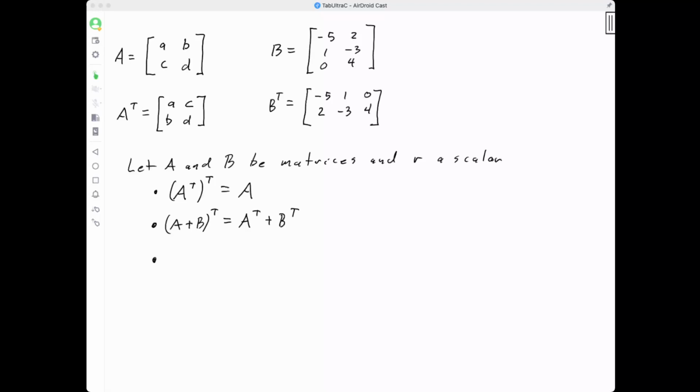Third, if I take R times A and I transpose that, this is equal to R times A transpose. And the fourth one, that might be the most useful one for us, is if I take A times B and I transpose it, that is equal to B transpose times A transpose.